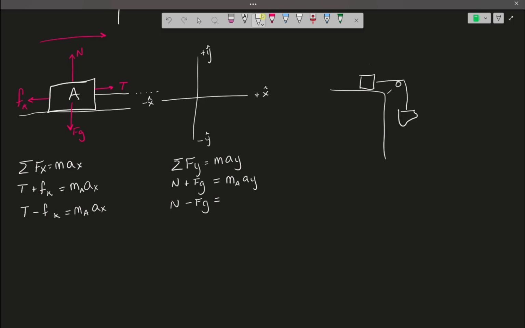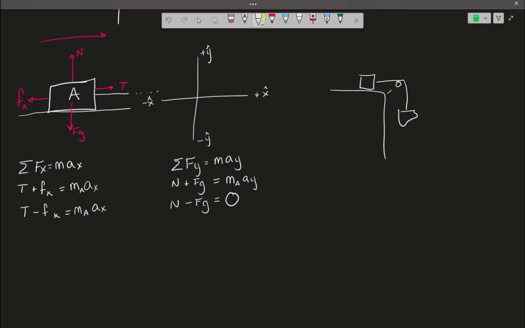If this starts to move, the object is going to move only in the x direction. It's not going to levitate off of the top of the table. It's not going to sink down into the top of the table. There's going to be no motion in this y direction, meaning that there's no acceleration in the y direction, meaning that we can set this equal to 0.